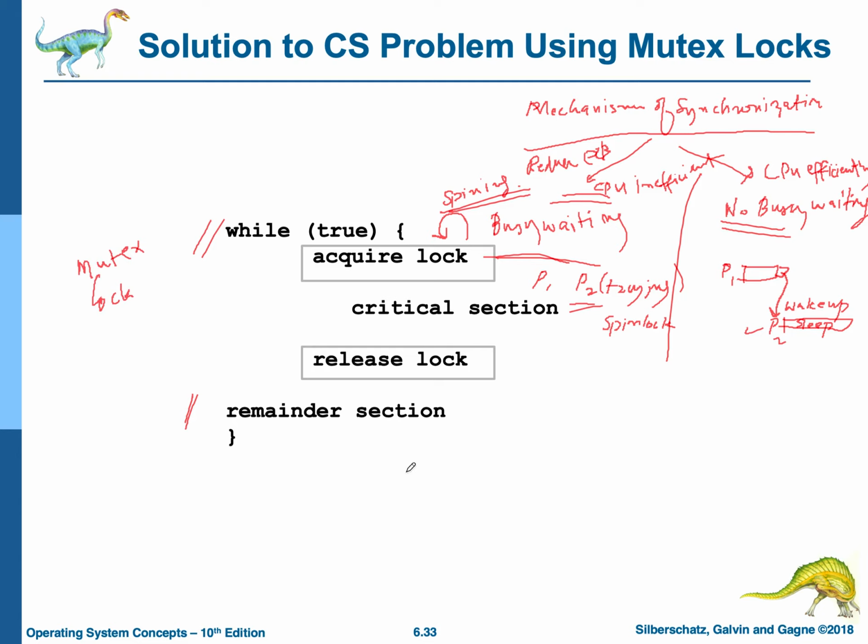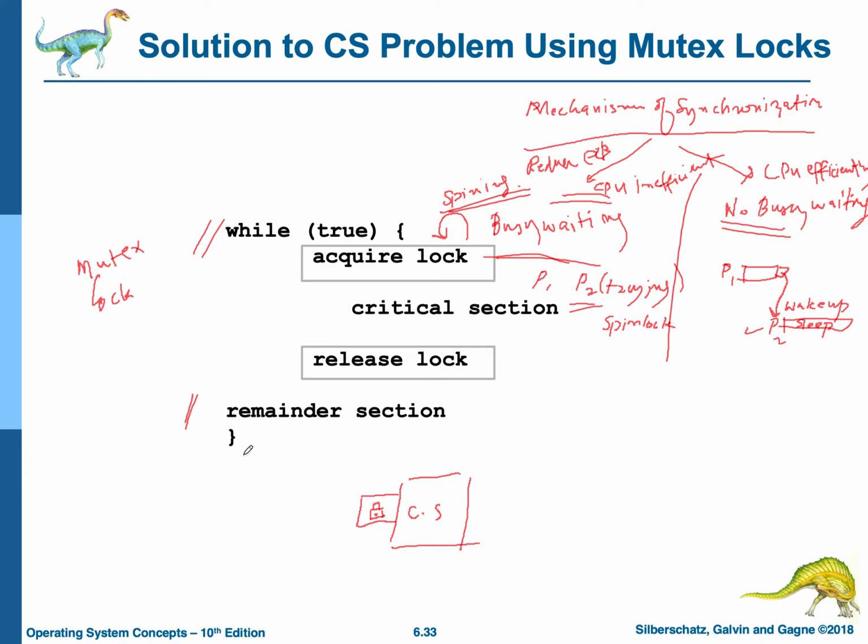For suppose this is the critical section, and then there is a lock. Maybe I cannot draw very well, but assume that you can understand that there is a lock.